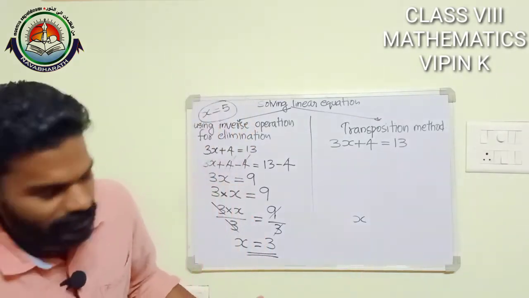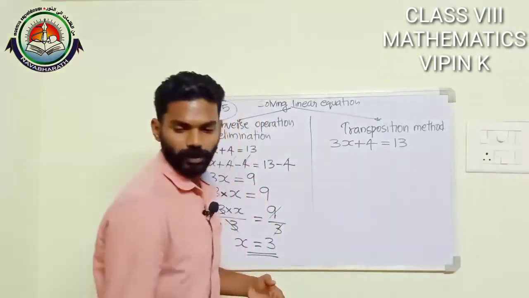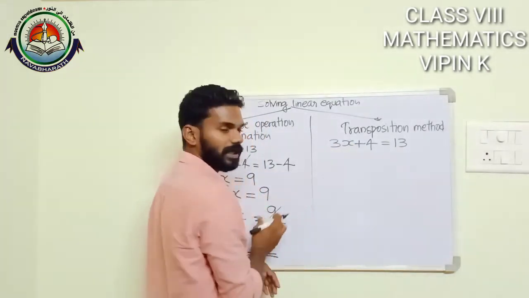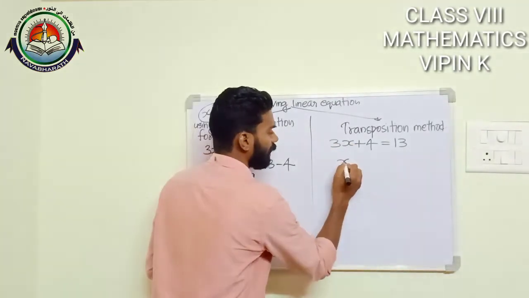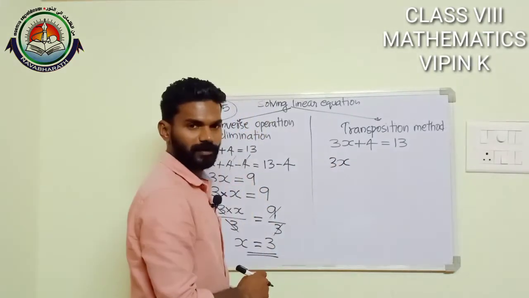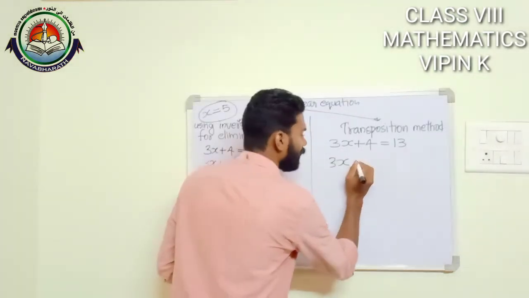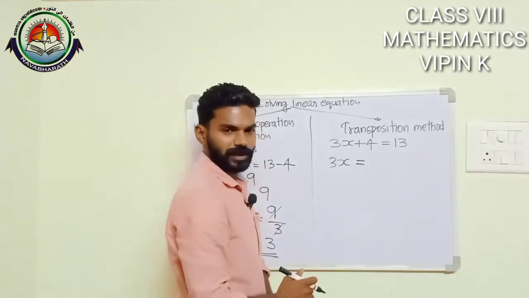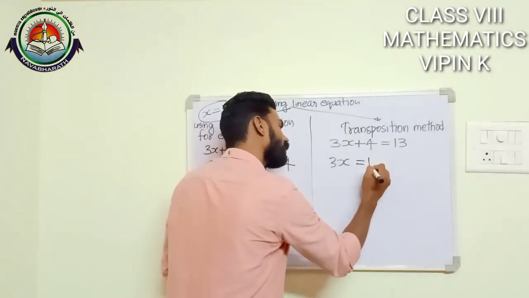So how can this be done? First of all, I am keeping the term 3x onto the LHS. Then I am putting the equal sign. Then onto the RHS, there is 13 already there.